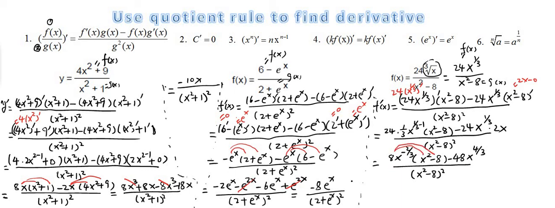Okay, and we're going to have 8 times 8x to the power negative 2/3 times x squared. And the second term is 8x to the power negative 2/3 times negative 8, which is negative 64.